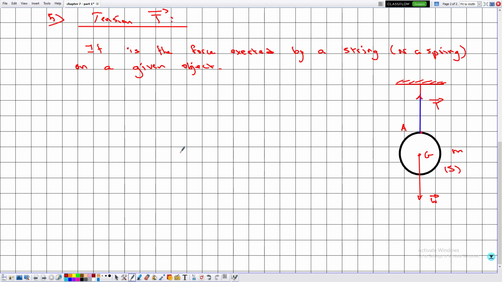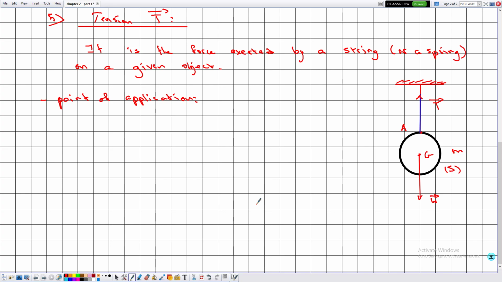So now let's write the properties of the tension T. First, the point of application. In order to determine the point of application, it's important that we start by classifying the force itself.